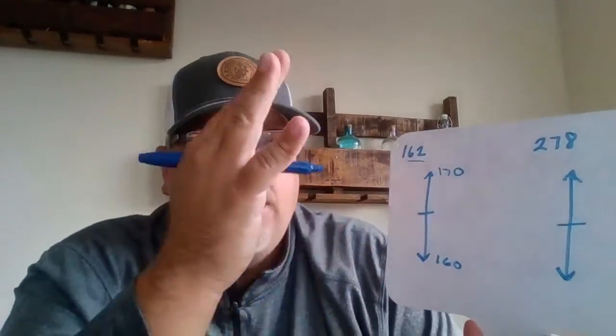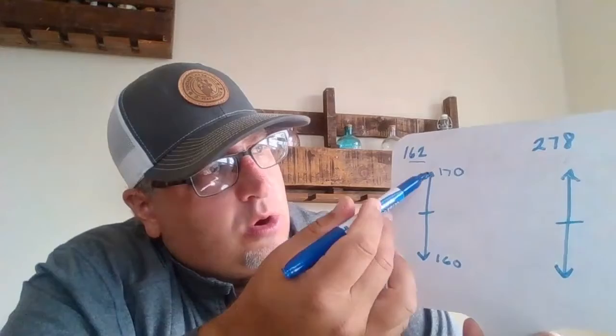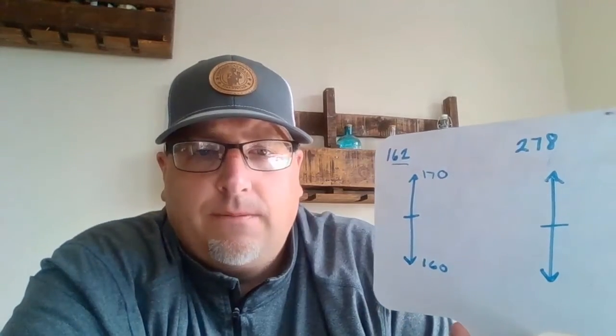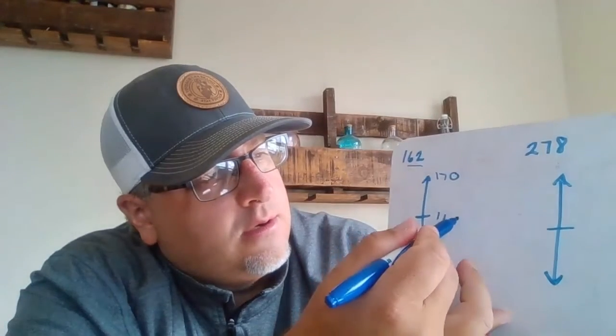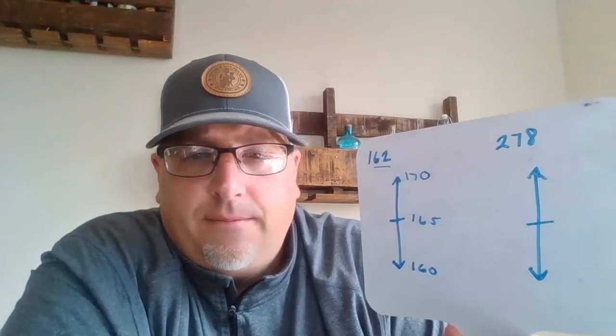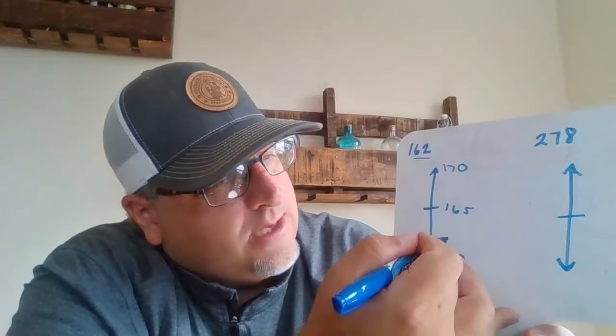So I looked at that 162. I made my plot points. We can either round down to 160 or all the way up to 170, between 60 and 70. We know our midpoint here is 165, and our number is 162, so let's plot that 162 on here.